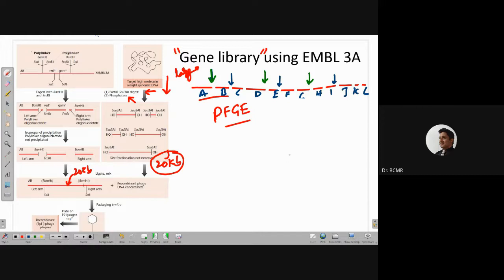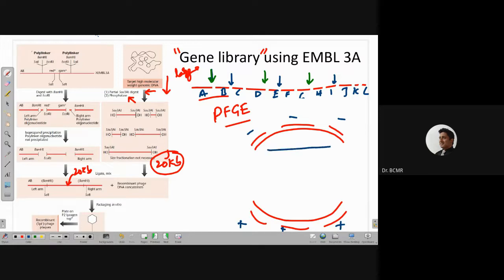So pulse field gel electrophoresis could be done in different ways. I'll try again, in which you may have electrodes 1, 2, and 3. On the top we will have the negative charge, minus, and the bottom will have plus charge. This is where we put the agarose gel, and we load the samples here.